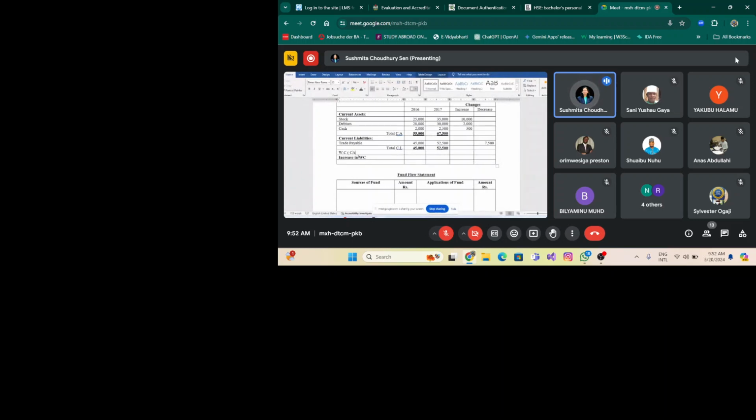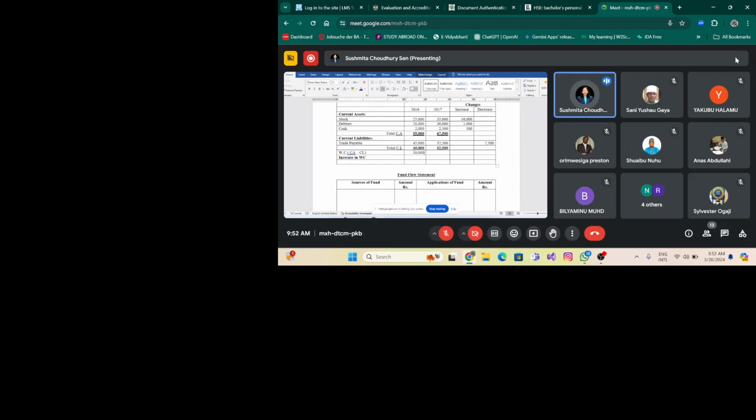Now we have the 2016 current assets and 2016 current liabilities. So 55,000 is the total current assets, and 45,000 is the total current liabilities. So working capital would be 55,000 minus 45,000, that is 10,000 rupees.